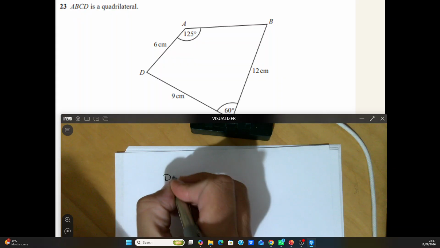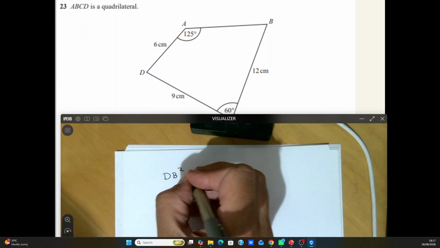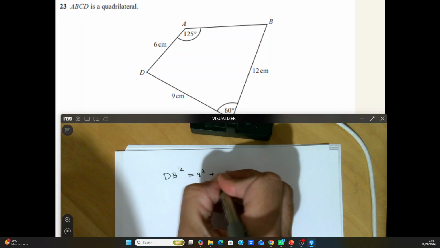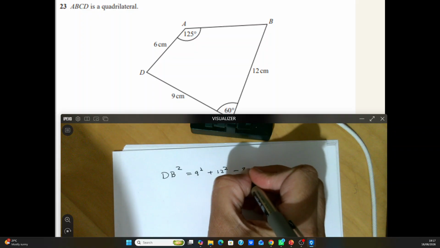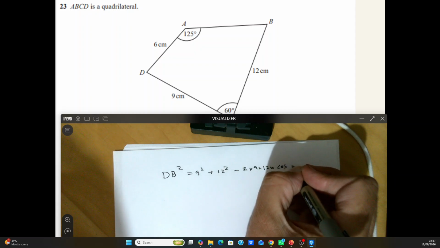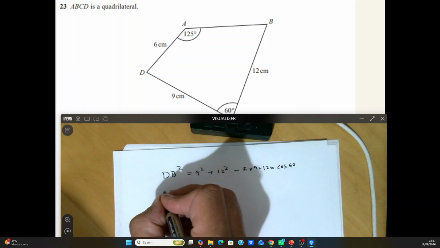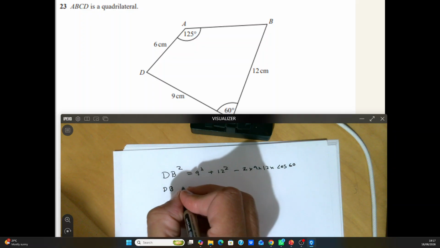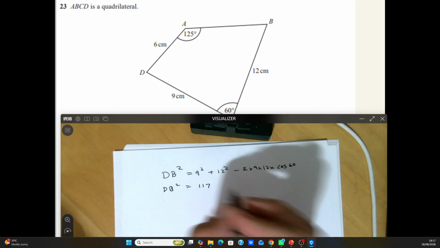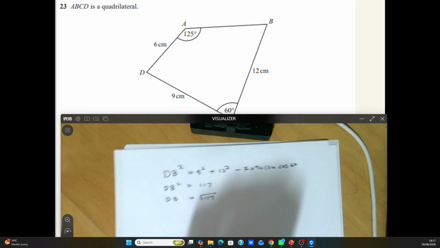So DB squared equals 9 squared plus 12 squared, take 2 times 9 times 12 times cos 60. Make my calculator look like that, and then I get DB squared equals 117. So DB equals the square root of 117.